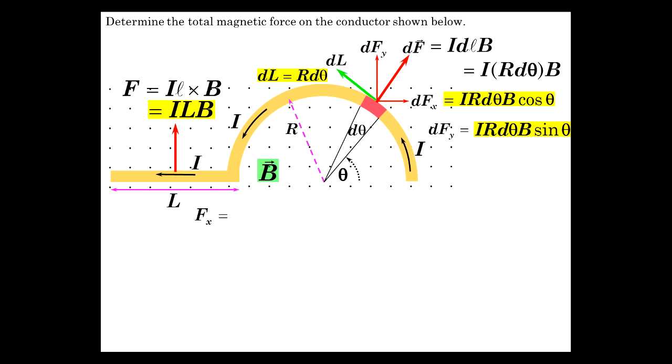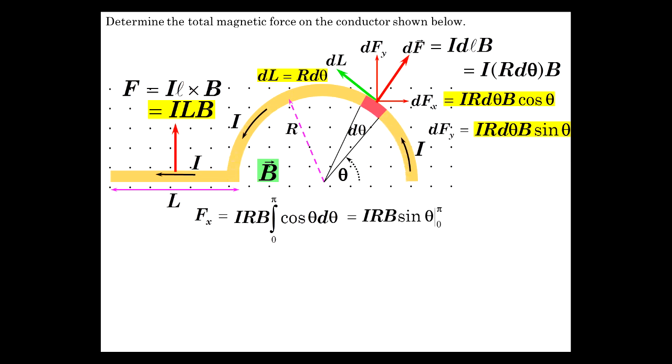Well, let's consider the total x part of the force acting on this semicircle. You may guess what the situation is going to be, or maybe it's not real obvious. Well, IRB, that's constant, and then we're going to integrate cosine of theta d theta from 0 all the way to pi.